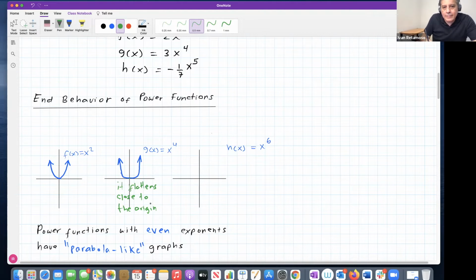Close to the origin, and it gets steeper far from the origin, right?